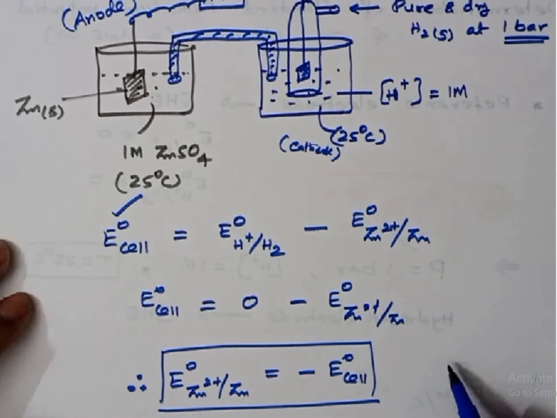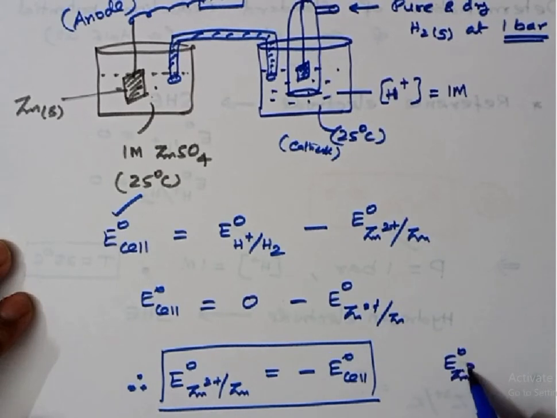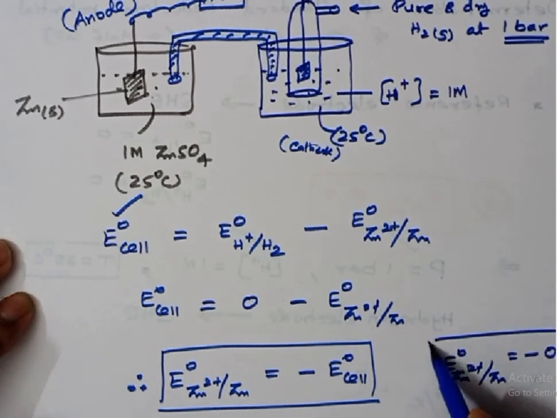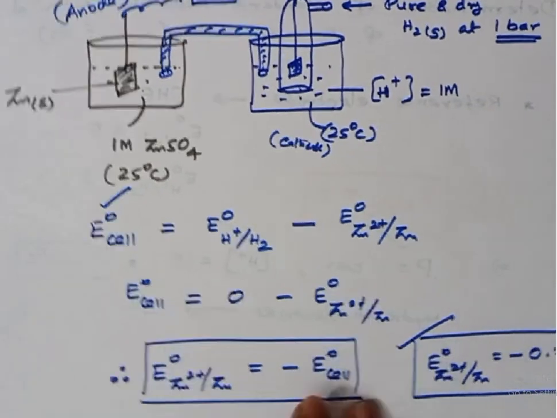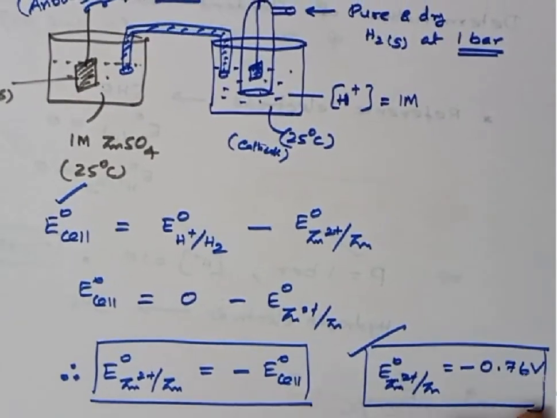We discussed this about two classes before, that the exact value is minus 0.76 volt, the standard reduction potential for zinc. This is the experimental value. Experimentally the value is 0.76, change the sign, so you'll get minus 0.76 volt.